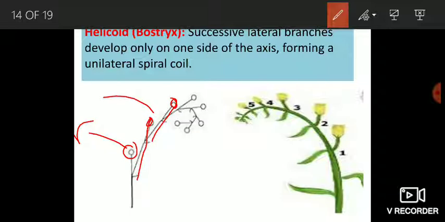It does not arise in an alternate fashion, rather it arises only on one side of the axis. This is known as helicoid or bostryx type. So the only difference between helicoid and scorpioid type is that in helicoid type the successive lateral branches arise only on one side, while in scorpioid type the successive lateral branches arise alternately on the axis.